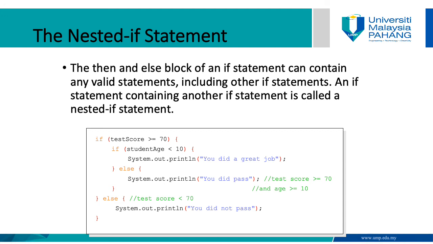Else if the test score is less than 70, you print you did not pass. So this is how you use nested if. You put the second if statement in the main if statement before the else statement.